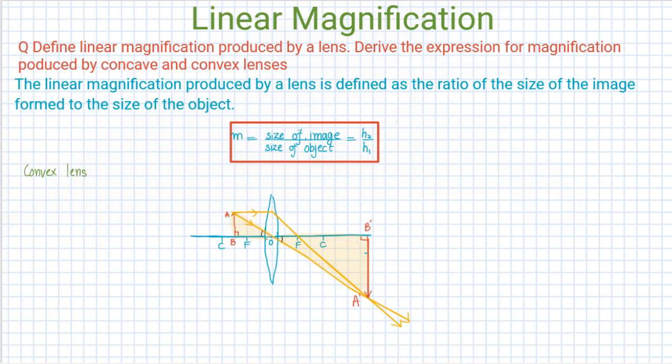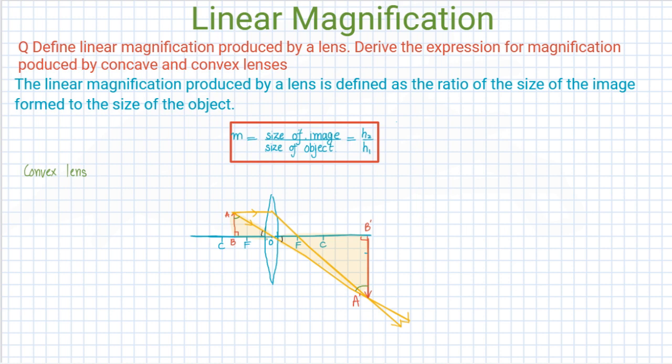Fine. Now if these two triangles are similar, then the corresponding third angle, angle A, this green angle, should be equal to this angle. So these two triangles, triangle AOB and triangle A dash OB dash, are similar.